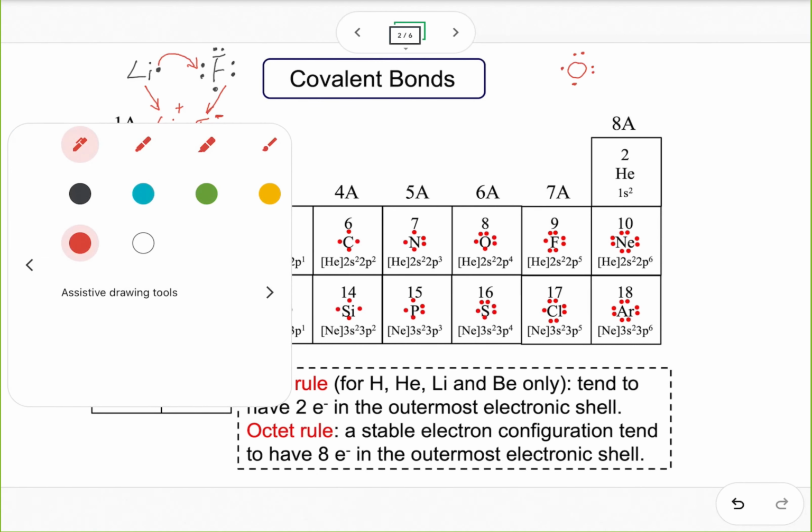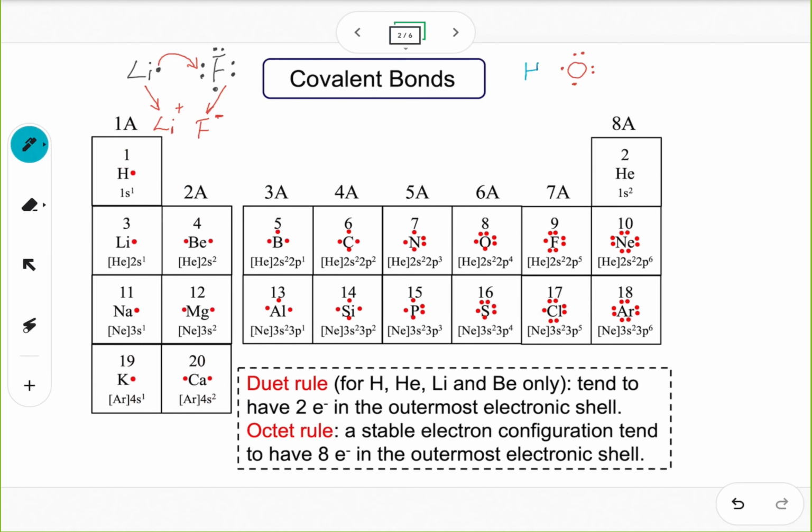Okay, I'm going to use black color. How about green? Okay, so hydrogen and hydrogen. Okay, so how do we understand the Octet rule and Duet rule for those elements when they form a covalent compound, water?